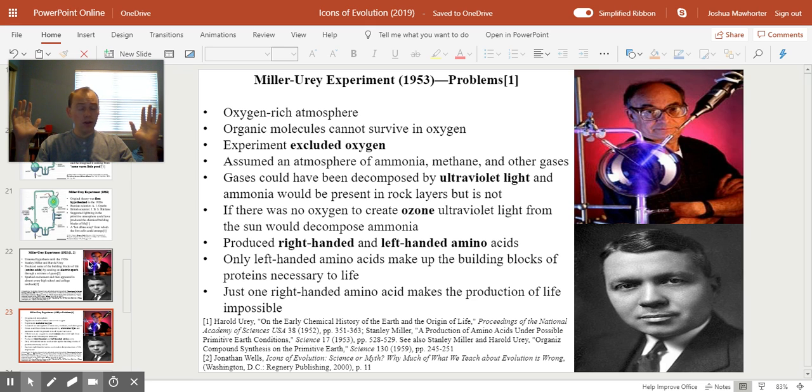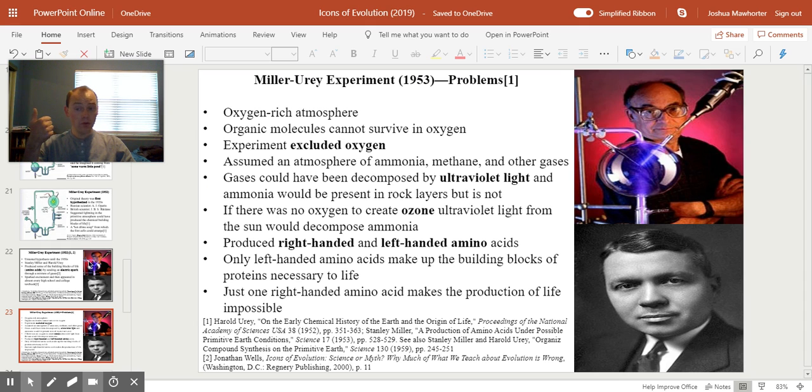Without that, if there is no oxygen, that means the ultraviolet light from the sun is shining onto this primitive environment. That means it would decompose gases like ammonia, and they would be present in the rock layers, but ammonia is not present in the rock layers. So here's the problem.